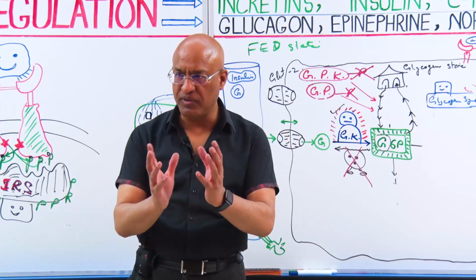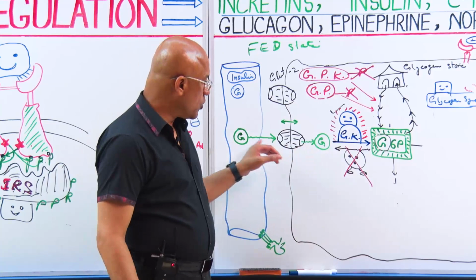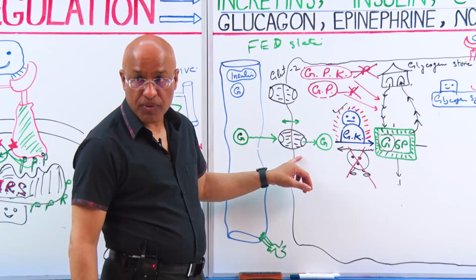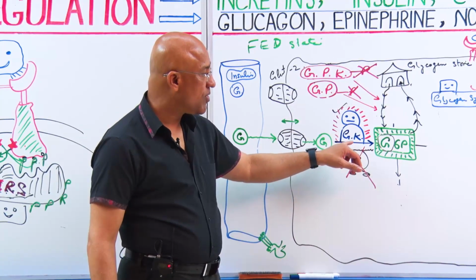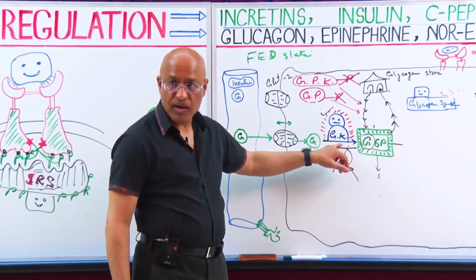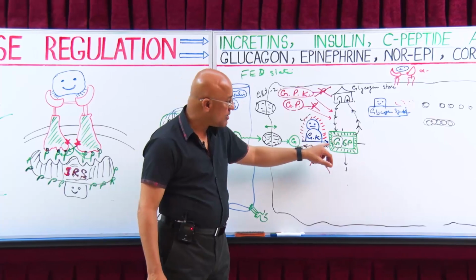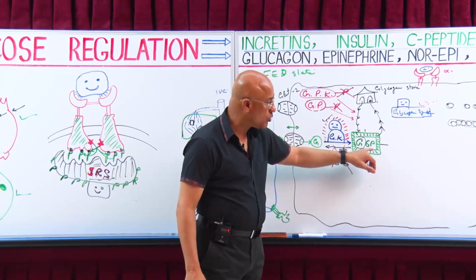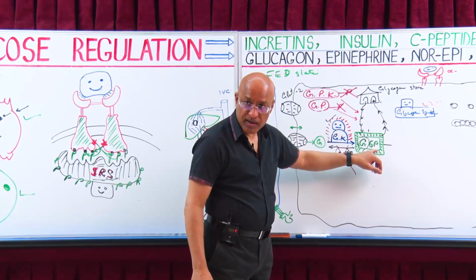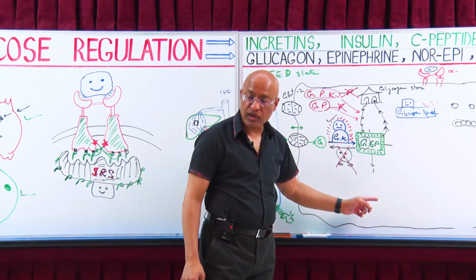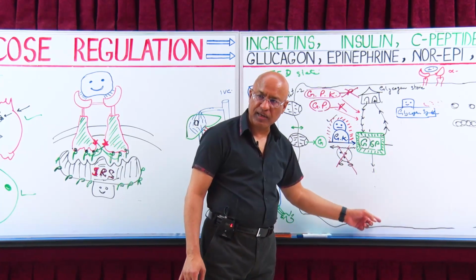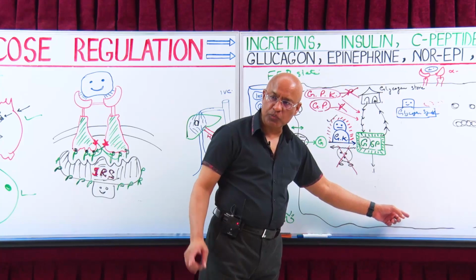So I will sum this up. Glucose enters through GLUT2 and is acted upon by glucokinase, whose activity is increased, and glucose keeps on converting into glucose 6-phosphate. Some of this glucose is used in the glycolytic pathway, Krebs cycle and electron transport chain to produce energy.